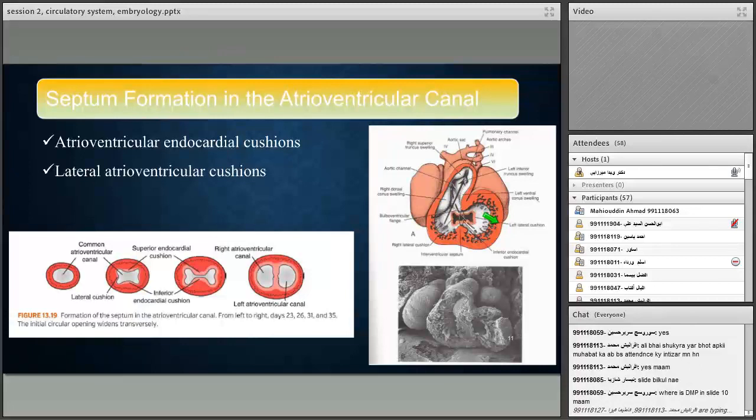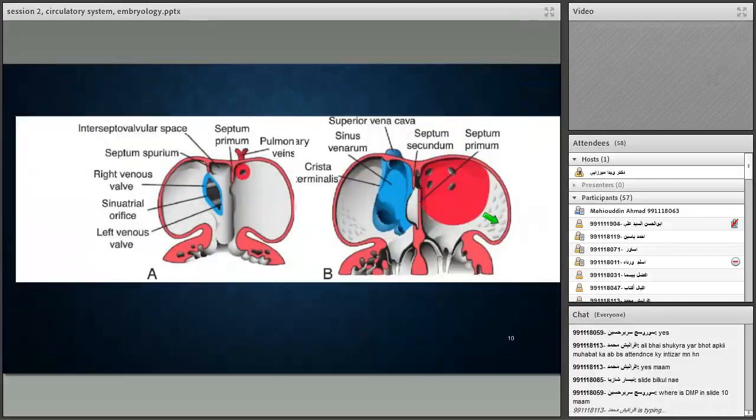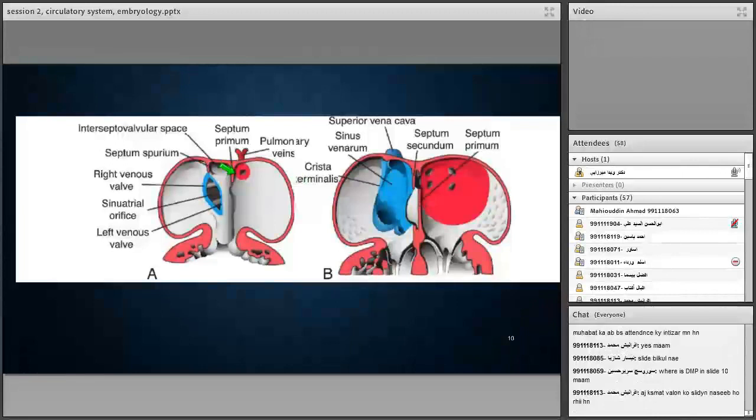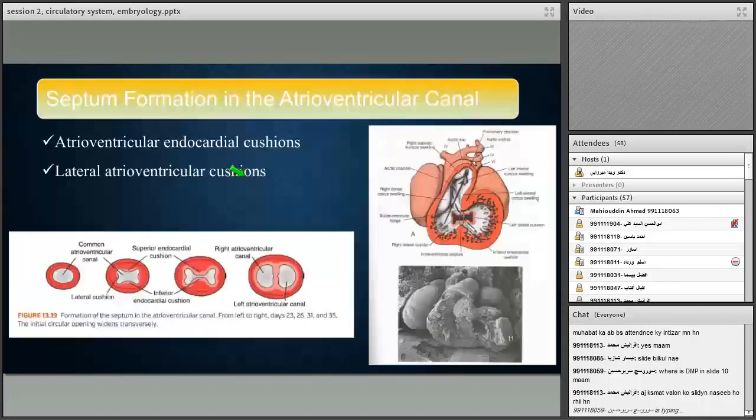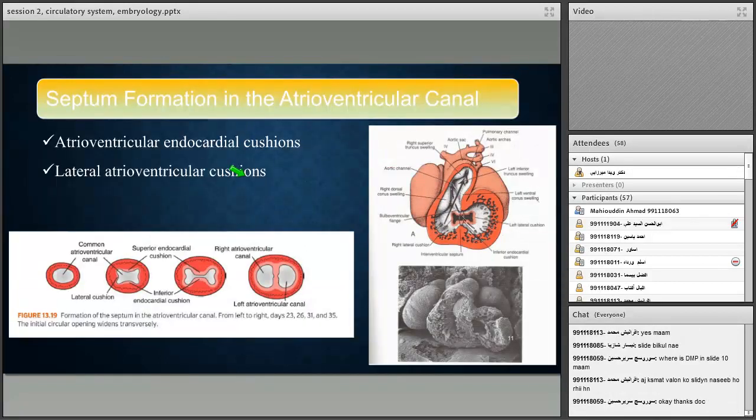At the end, slide number 10 is not showing DMP, but it's here in this part, near the pulmonary vein opening. It hasn't been shown in this picture, in this slide. Slide number 10, I mean.